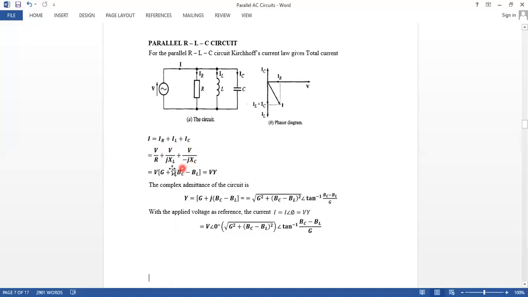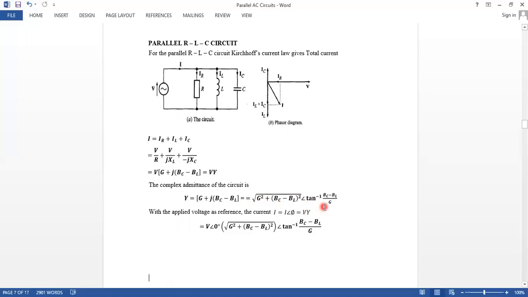By simplifying, taking plus J and minus J to the numerator, we get J into BC minus BL, that is V into Y, where Y is nothing but G plus J into BC minus BL. Or the magnitude can be written as square root of G square plus BC minus BL whole square, that is real part square plus imaginary part square.